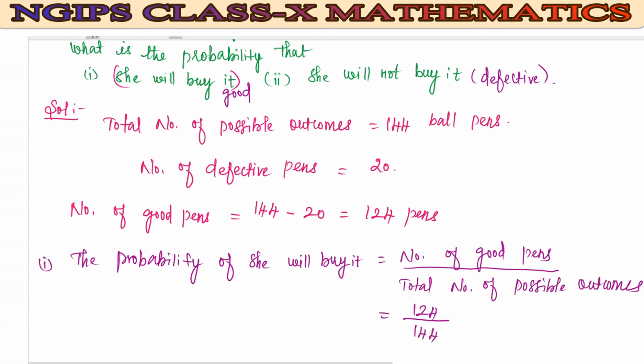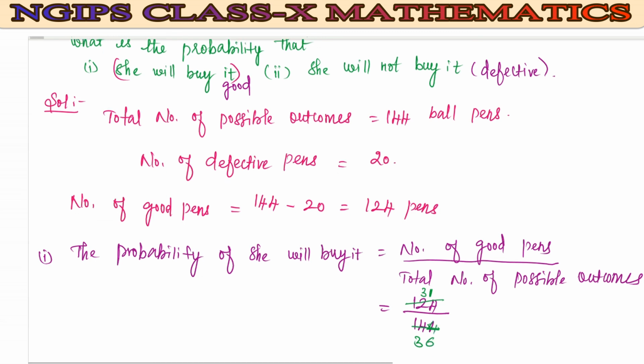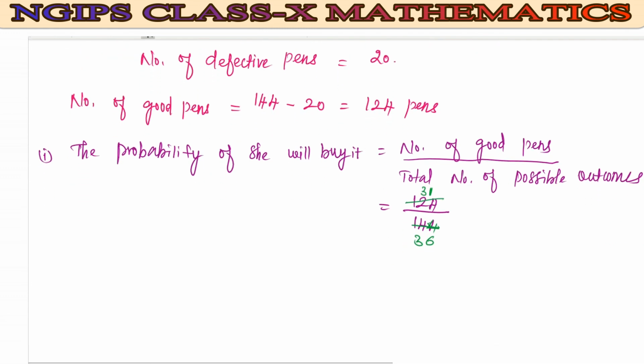So I can cancel the values here. 3 4s are 12, 1 4 is 4, and here 3 4s are 12 and left over 24. 6 4s are 24. So we got the value 31 divided by 36.